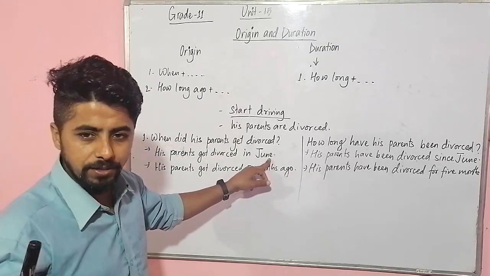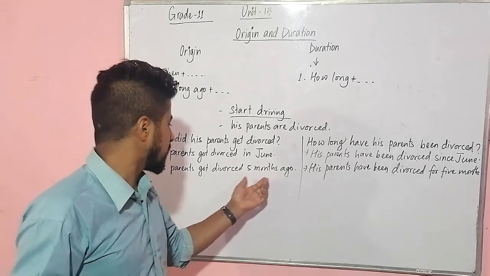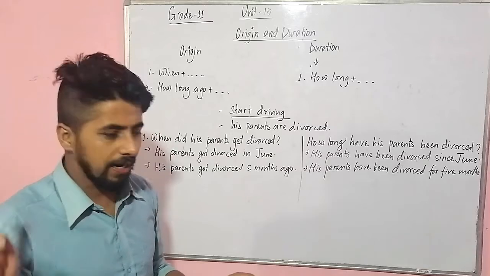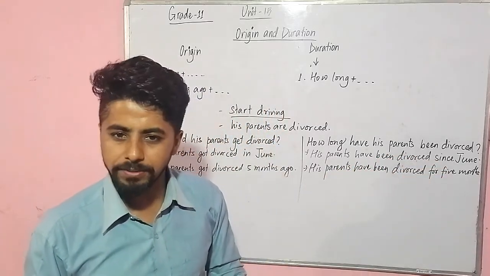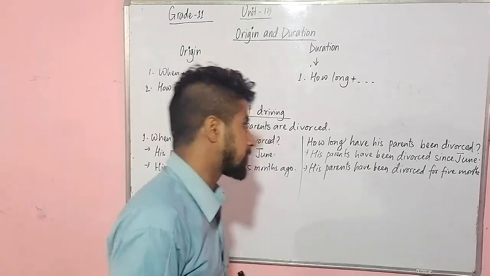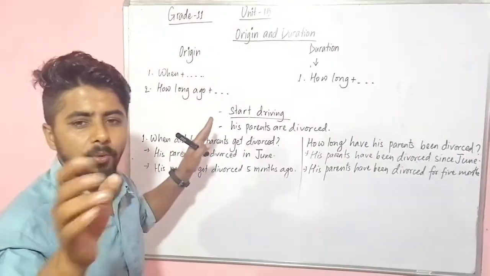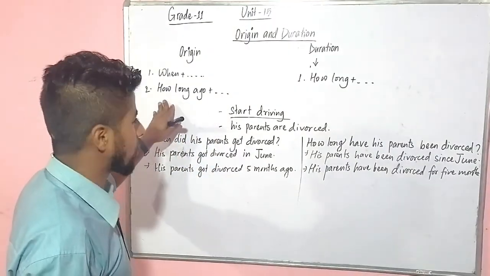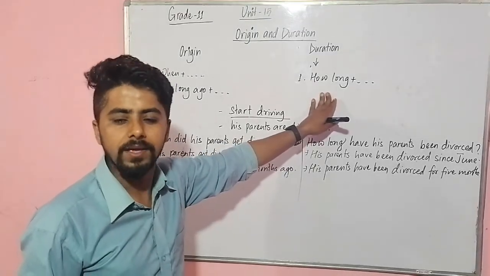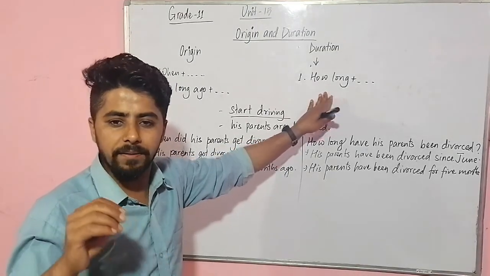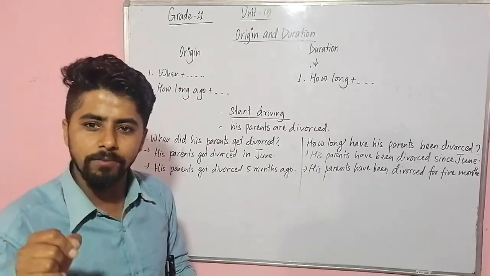In is used with point of time, where point of time is the specified time, and similarly ago is used with period of time. In the same case, since is used with point of time, for is used with period of time. While asking the question for origin, you can start your question from when as well as how long ago. For duration, you can start your question from how long.